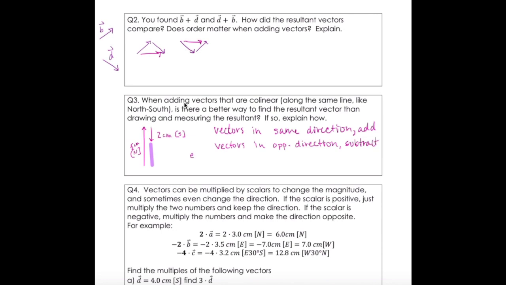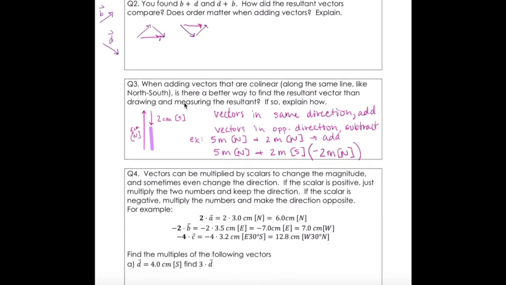So for example, if we have 5 meters north and 2 meters north, we would add those. And if we had 5 meters north and 2 meters south, we can change the 2 meters south to negative 2 meters north. Then when we add the vectors, it would be 5 minus 2.